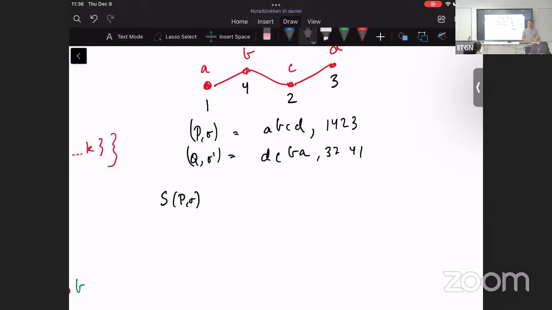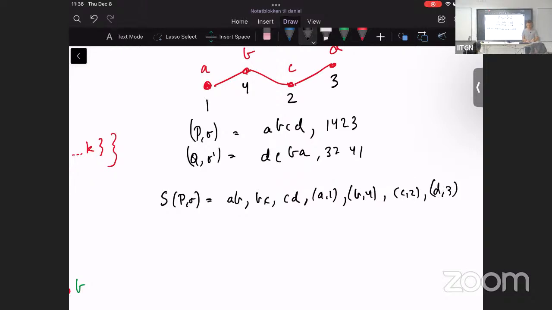And I'm claiming that P and sigma are the same. So S of P sigma would be now AB, BC, CD, and then A comma 1, B comma 4, C comma 2, D comma 3.